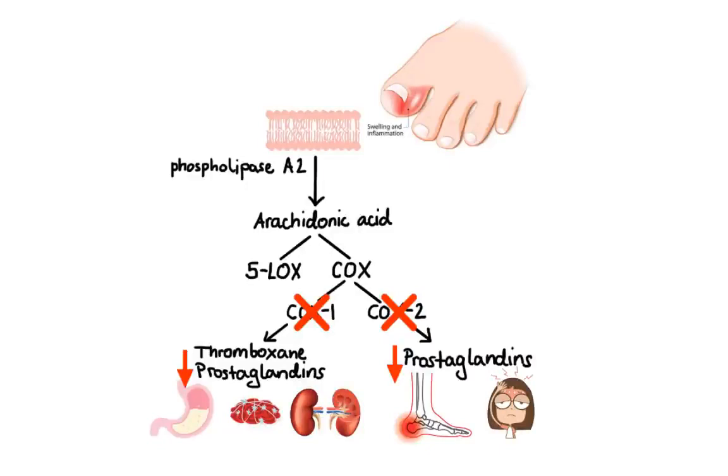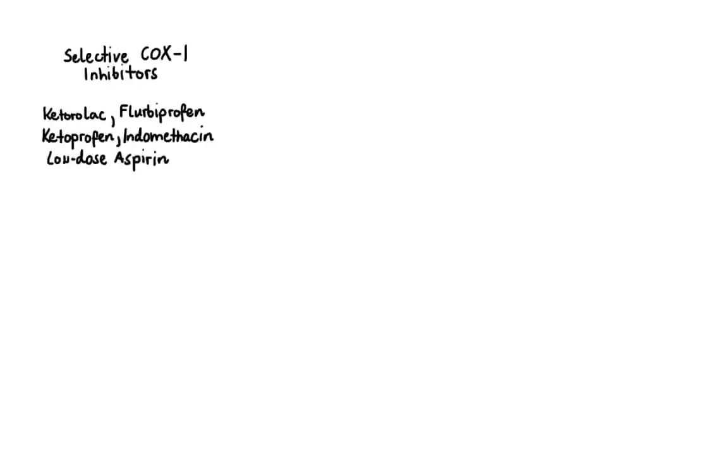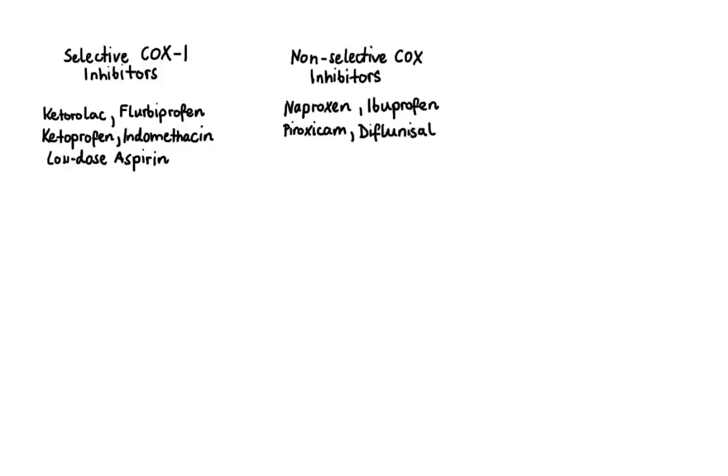Now, based on their selectivity for COX enzymes, NSAIDs can be divided into three broad categories. First, selective COX-1 inhibitors, which include ketorolac, flurbiprofen, ketoprofen, indomethacin, and low-dose aspirin. In the second category, we have relatively non-selective COX inhibitors, which include naproxen, ibuprofen, piroxicam, and diflunisal.